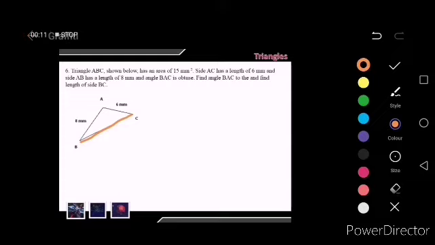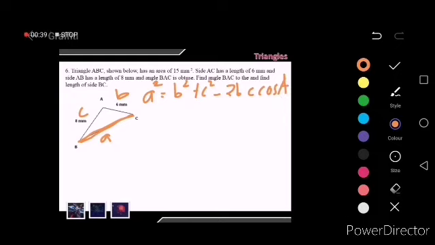Wag kayong kabahan kasi pwede na natin gamitin dito yung alin? Cosine law. Bakit? Kasi sa cosine law, pag nawawala yung isa, let's say, nawawala yung A dyan, which is BC, parehas lang yun. Pwede mong gamitin yung A squared equals B squared plus C squared minus 2BC cosine, which is the missing angle, A. Tama?